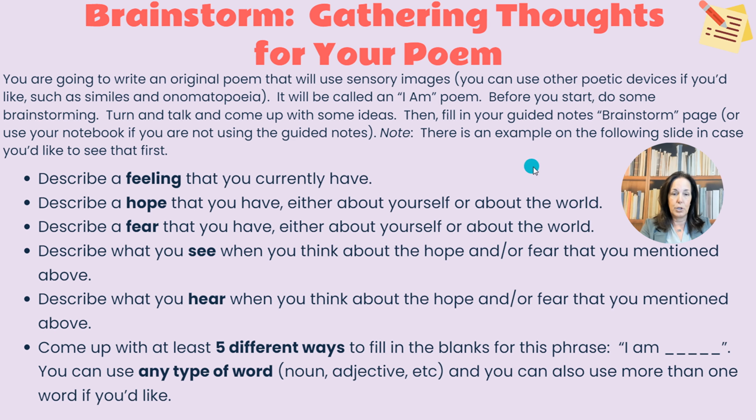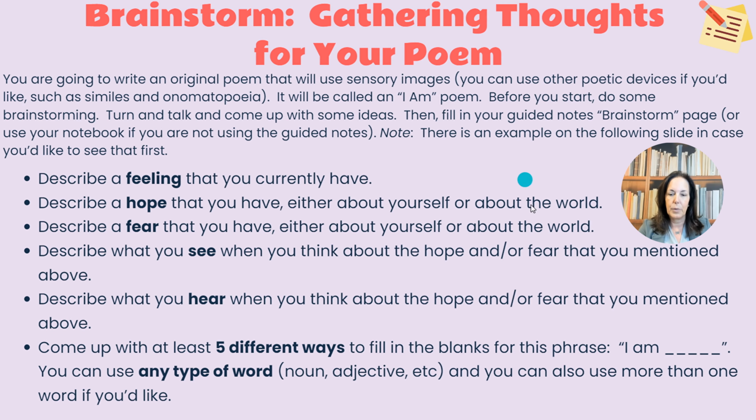So I'm going to show it to you before you begin, but you're going to describe a feeling that you currently have, describe a hope that you have either about yourself or about the world, describe a fear that you have either about yourself or the world. Describe what you see when you think about the hope and or fear that you mentioned above.